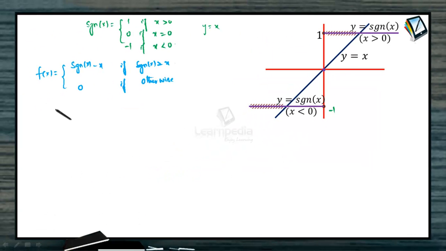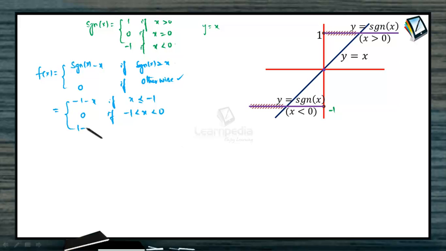So can we rewrite this function f of x piecewise? It would be minus 1 minus x if x is less than or equal to minus 1, and it would be 0 if x lies between minus 1 and 0, because signum function of x minus x is a negative number there, so it would fall under this category.